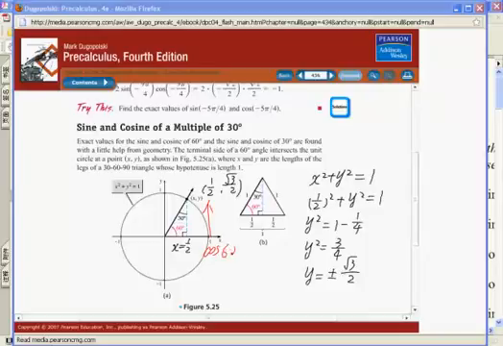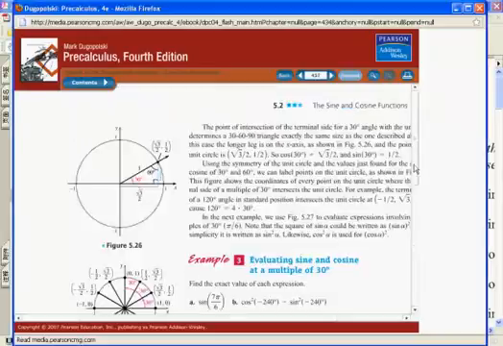Cosine of 60 degrees is equal to the x-coordinate of the point of intersection, which is 1/2. And then sine of 60 degrees is equal to the y-coordinate of the point of intersection, which is root 3 over 2. Okay.